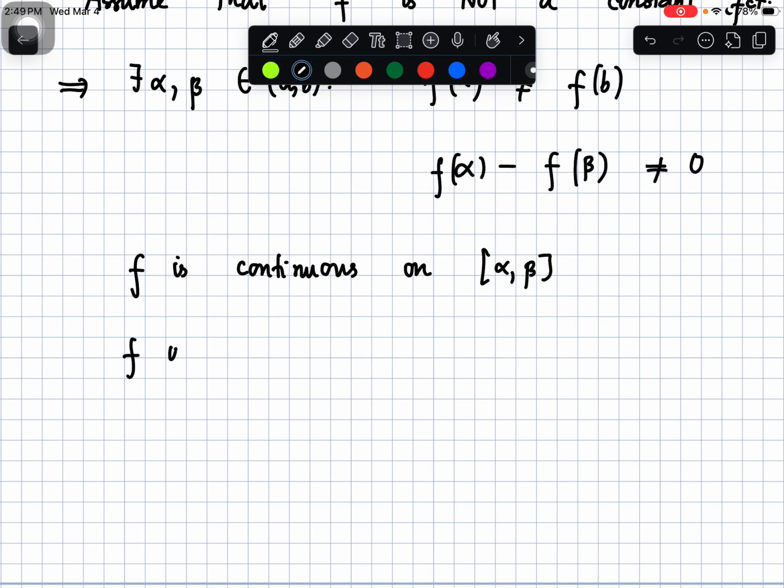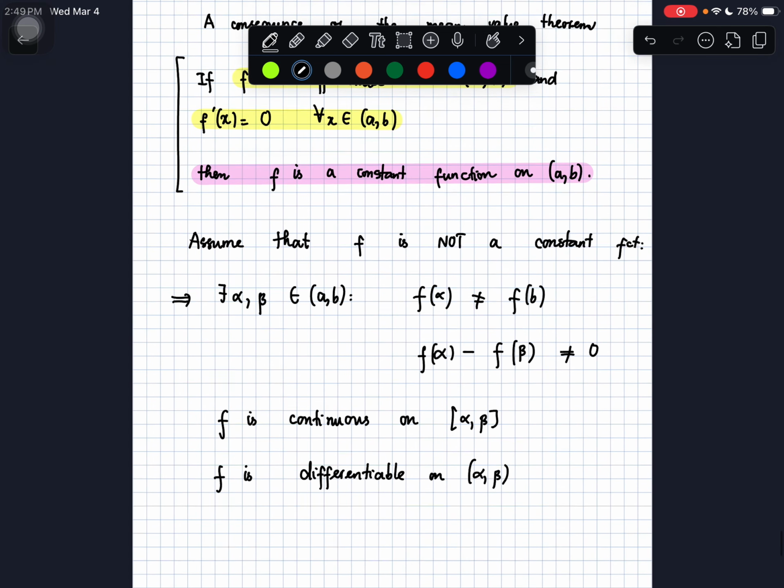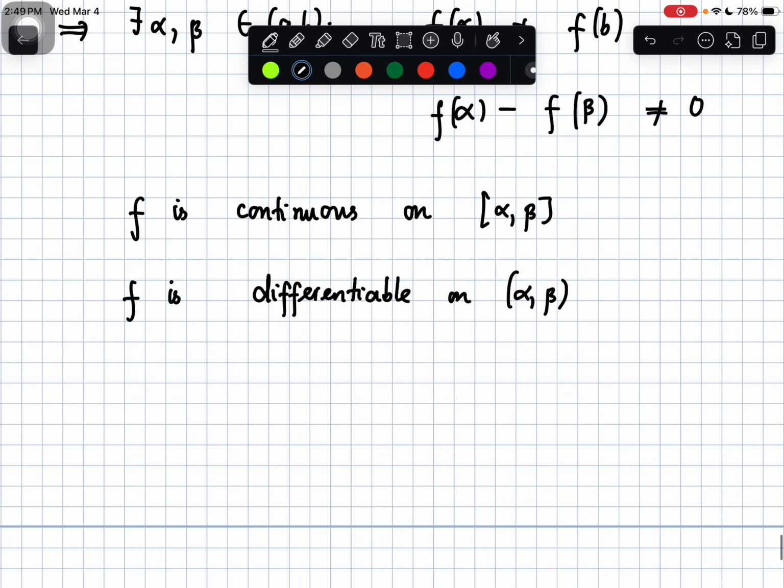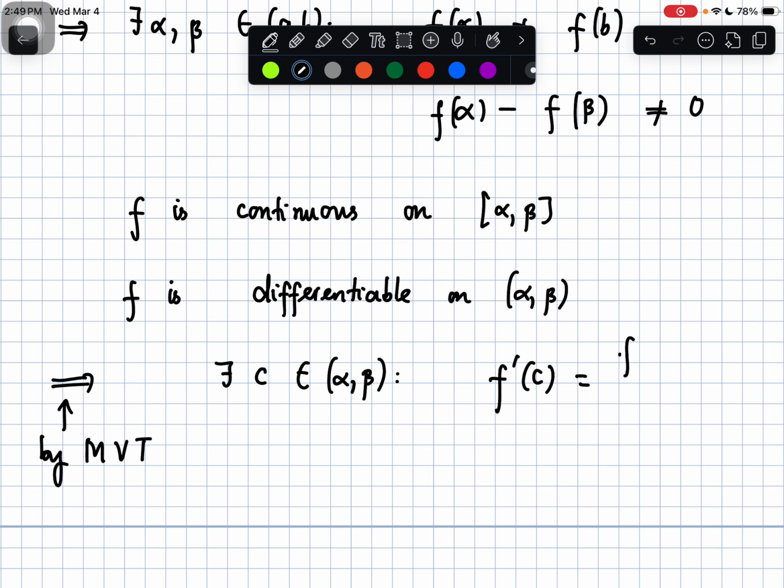And f is differentiable on (alpha, beta). This is because f is differentiable on (a, b), and therefore must be differentiable on (alpha, beta). And therefore, by the mean value theorem, there must be a point c between alpha and beta so that f prime at c equals f of beta minus f of alpha divided by beta minus alpha.